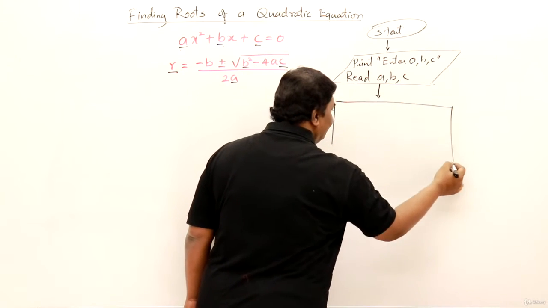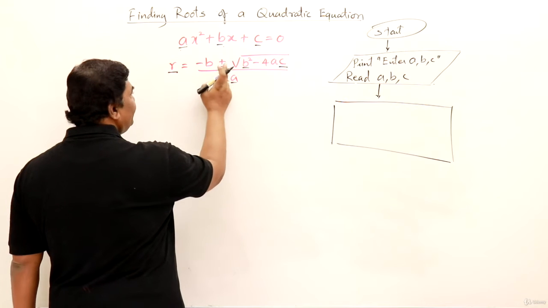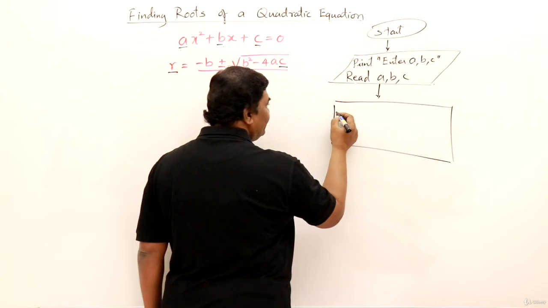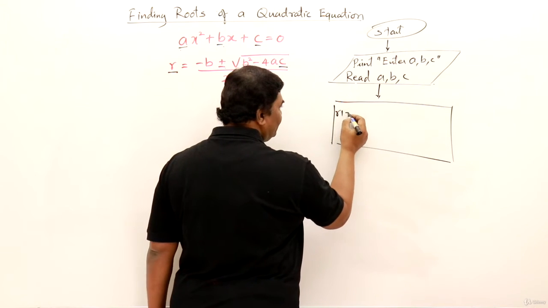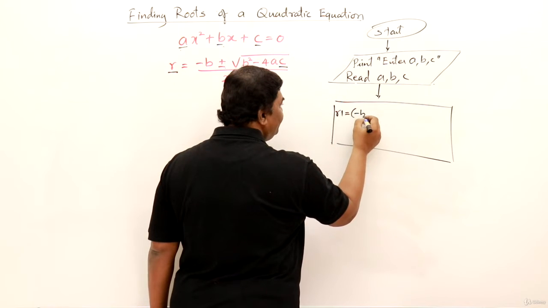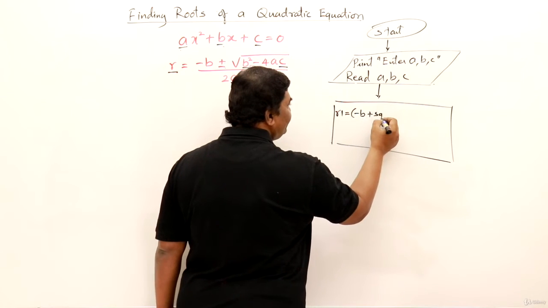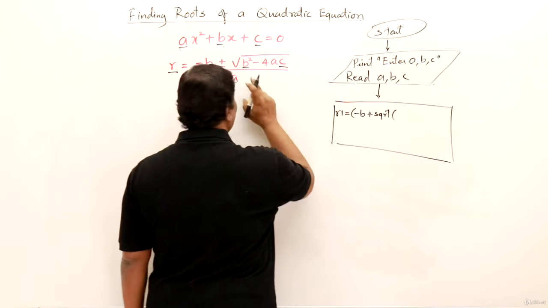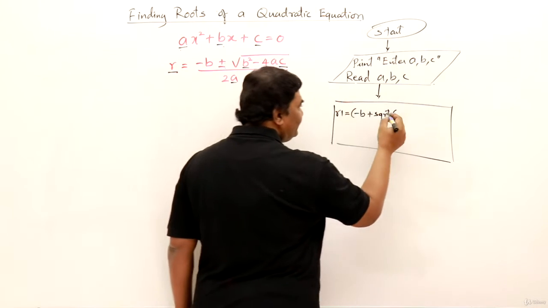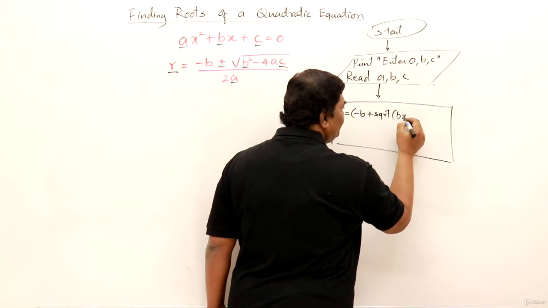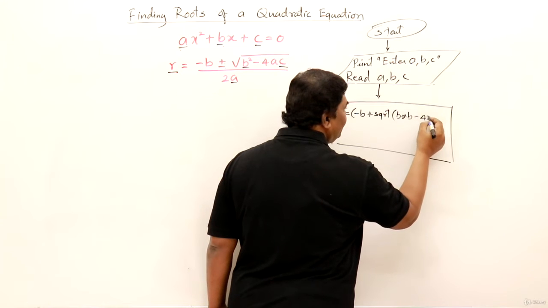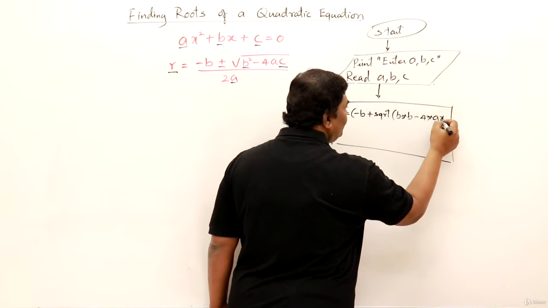In the process, we actually get two roots, because one is with plus and one is with minus. So R1 is the first root: minus b plus square root of b square minus 4ac. So this is b into b minus 4 into a into c.